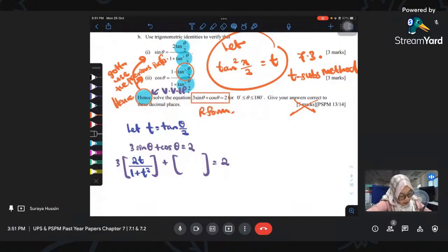So you gotta change this into 2t over 1 plus t squared. Manakala yang ni pula 1 minus t squared over 1 plus t squared. See? So that is how it works. And so we just got to solve this.